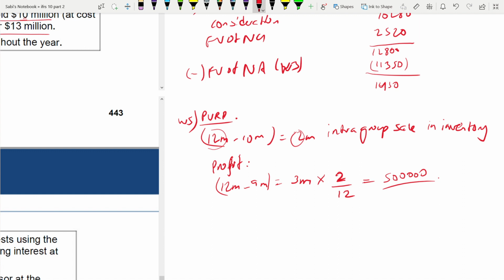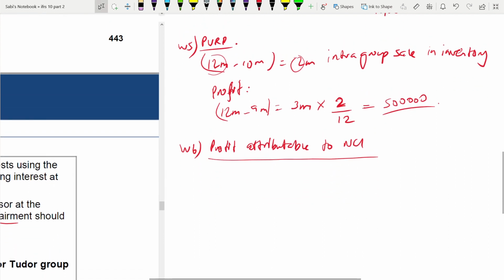What's next? Profit that goes to NCI. Working 6. Profit attributable to NCI. This is a very important section. First we have to take the profit of the subsidiary, that means Winster.